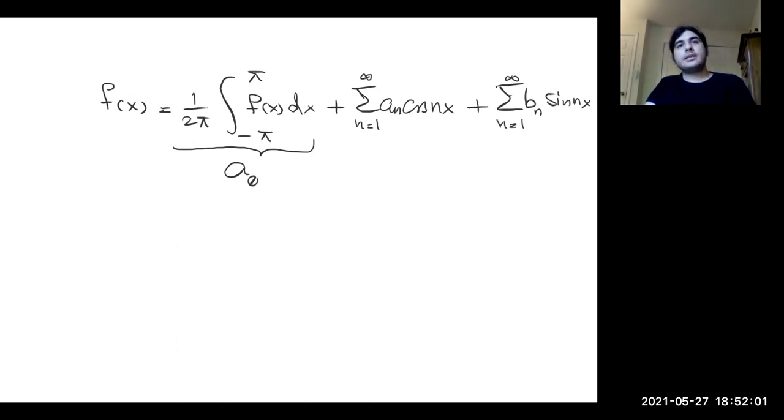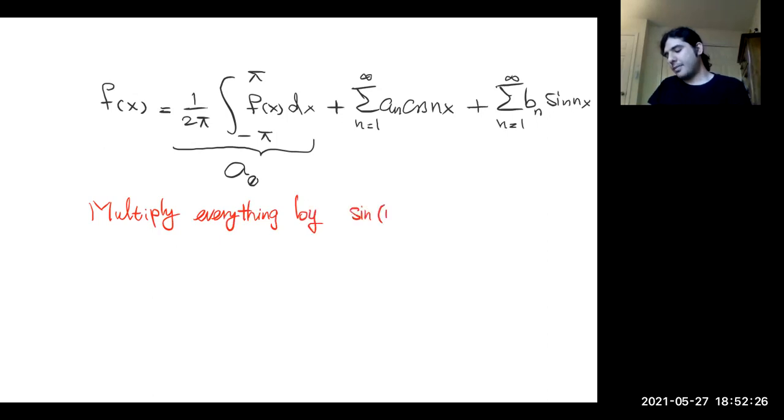The idea is that now I can multiply the whole equation by something like sine of, well, here I chose the variable n. I can multiply everything by, say, sine of mx. So what are we going to get? On the left side, we would have f of x times sine of mx.